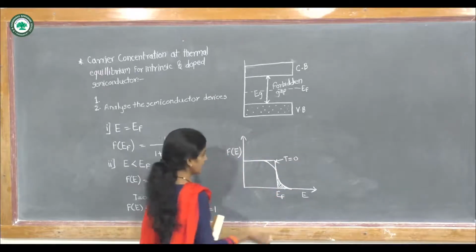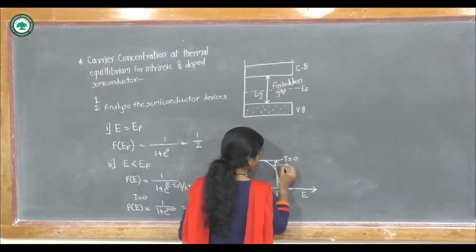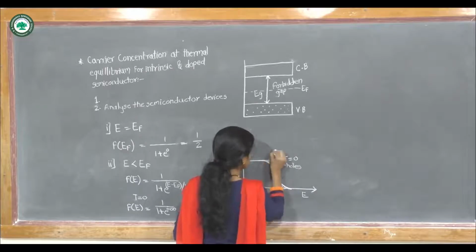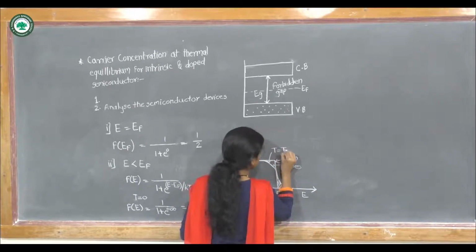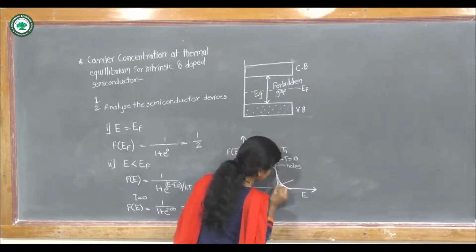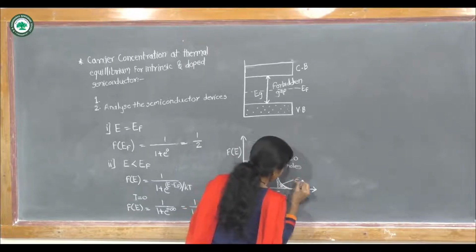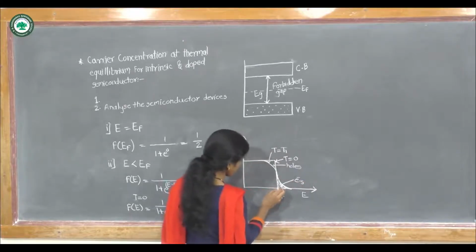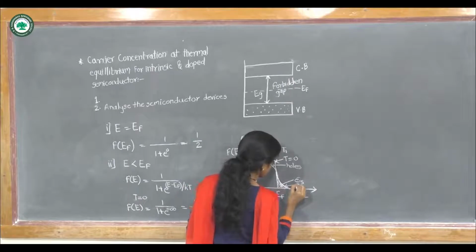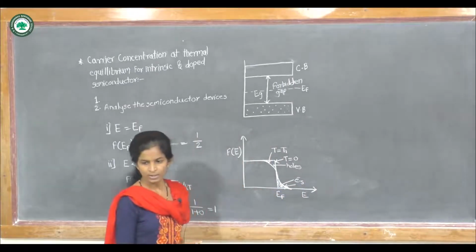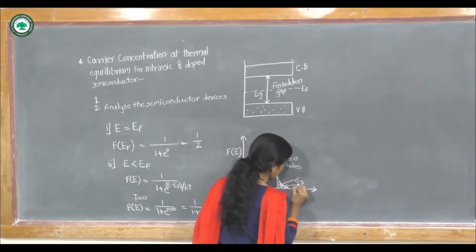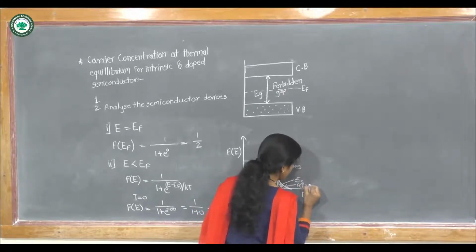That is, here there are holes, and there are electrons, and this is the situation at T equal to T1. These are the filled states which are given by f of E.